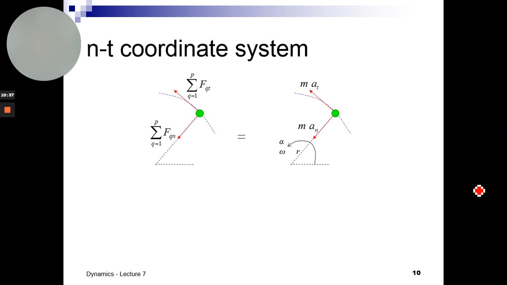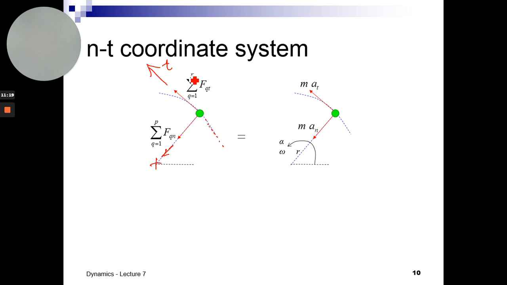Okay, what about the n-t coordinate system? You know that in any case where a particle moves in a circular path, there will be a force or acceleration acting, number one, tangential to the curved path, and another acting toward the center of curvature. So let's say there is a continuous external force acting tangentially.